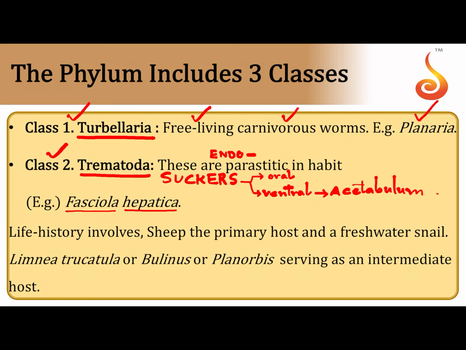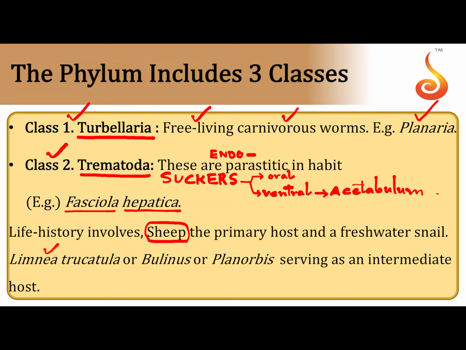The liver fluke completes part of its life cycle in the body of a snail and a part of it in the body of a sheep or a goat. So basically you have to say that it's considered to be a digenetic parasite, because a part of its life cycle is completed in the sheep and a part of it is completed in the snail. Which are the species of snails which are infected by Fasciola hepatica?